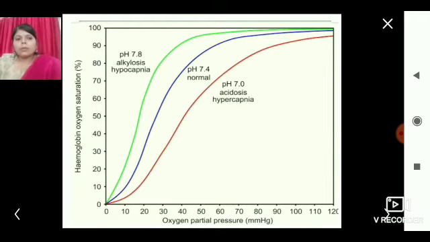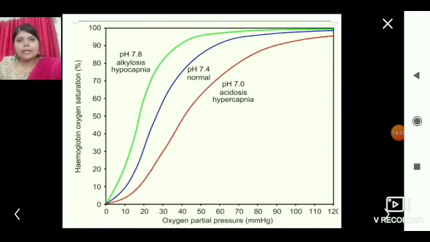The normal graph is formed when the pH is normal, that is 7.4, slightly basic. When the pH is neutral, that is acidosis, hypercapnia is going to happen. Acidosis is not actually acidic, it is neutral, but for our blood, it is acidic. So normal is 7.4, slightly basic in nature.